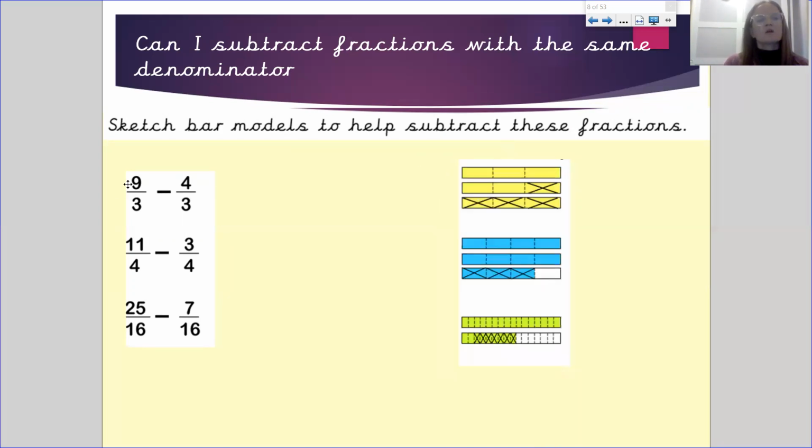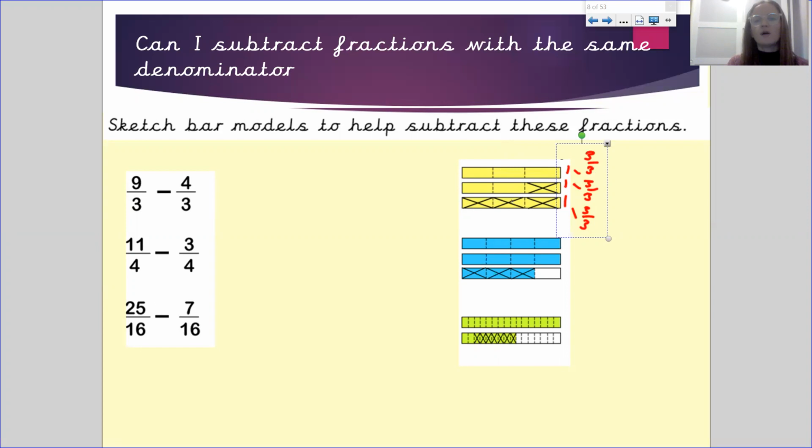Okay, so 9/3 minus 4/3. So 9/3 is actually going to give me 9/3, which is the same as 3 wholes. So they've shown you 3 wholes here. There's 3, that's a whole, that's a whole, that's a whole, because it's 3/3, 3/3, and 3/3, which obviously all equal 1 whole.